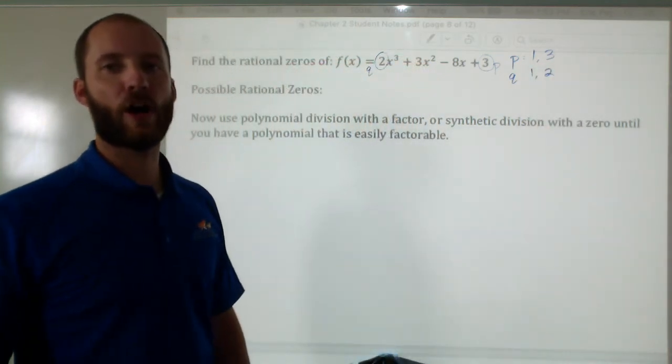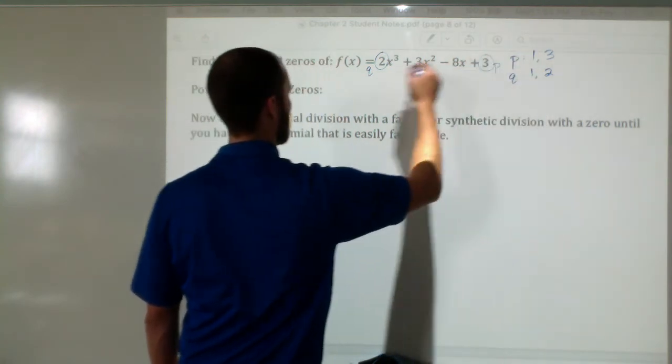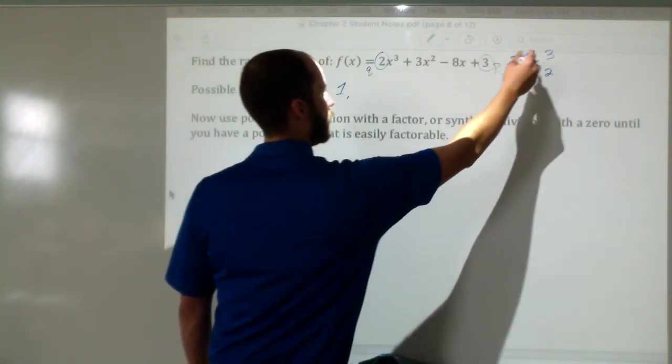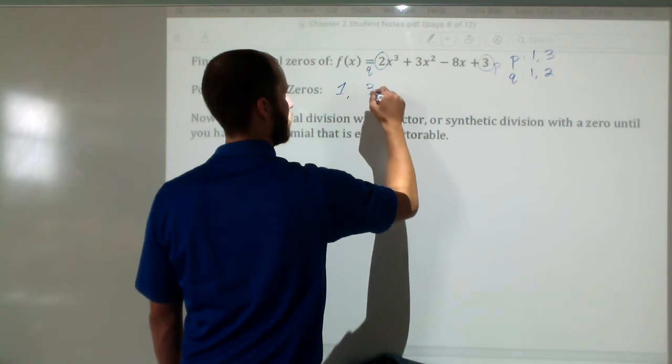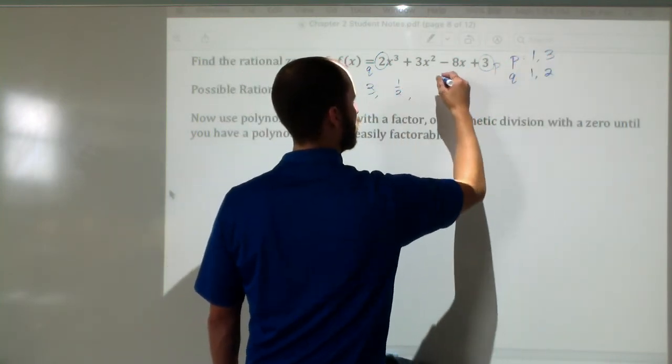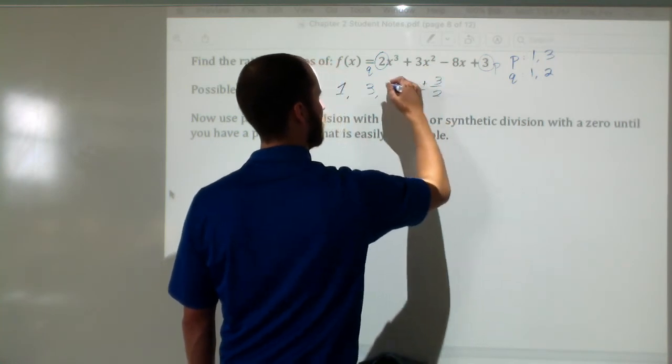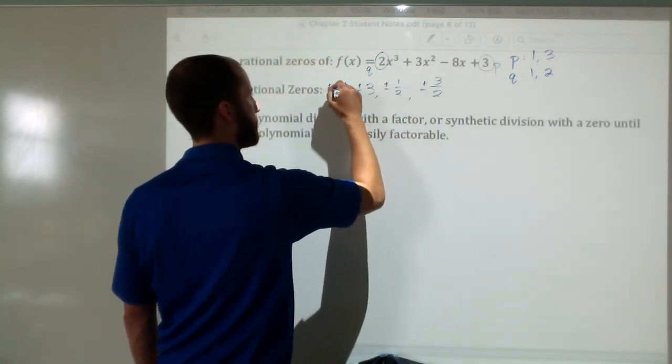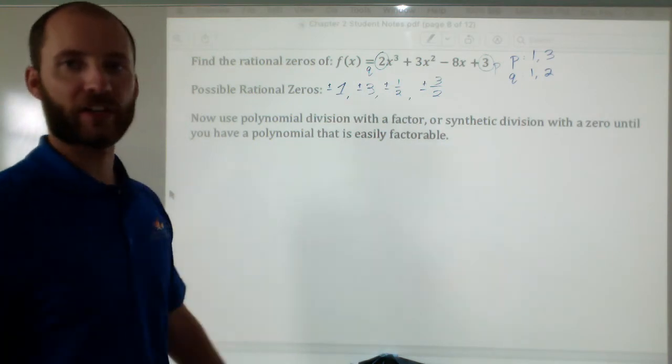So now let's make all my combinations. 1 over 1 is 1. 3 over 1 is 3. 1 over 2 is 1/2. 3 over 2 is 3/2. And that's where you're going to start.